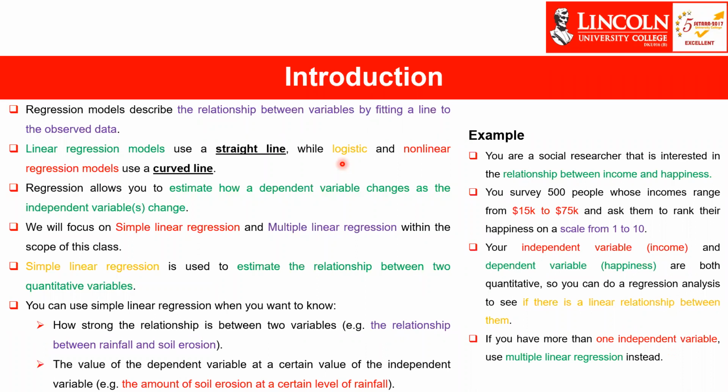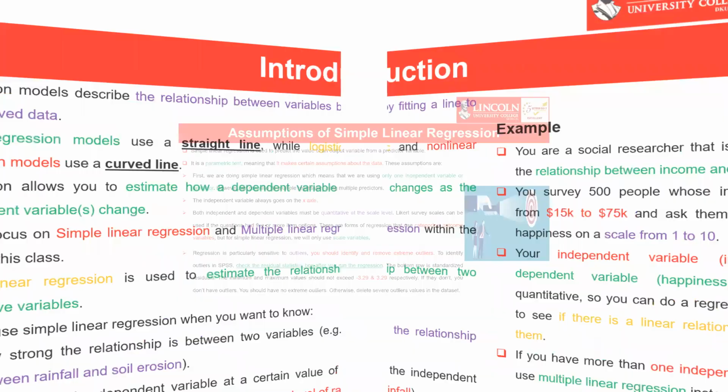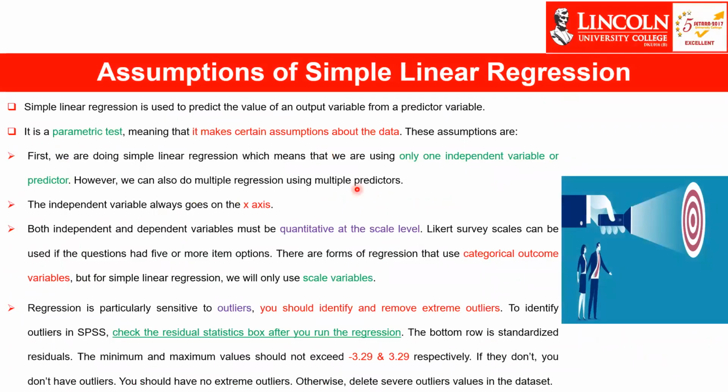Your independent variable, income, and dependent variable, happiness, are both quantitative, so you can do a regression analysis to see if there is a linear relationship between them. If you have more than one independent variable, use multiple linear regression instead. Now, linear regression, or regression analysis in general, comes with certain assumptions.